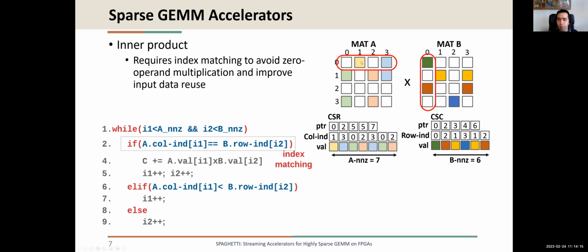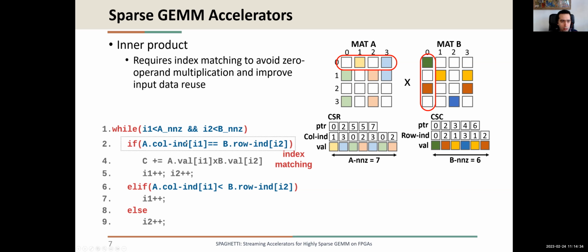For instance, the first element that I read from matrix A is this yellow one, and the first element that I read from matrix B is this green one, but I cannot do the multiplication because they are located in different locations in this row and in this column.